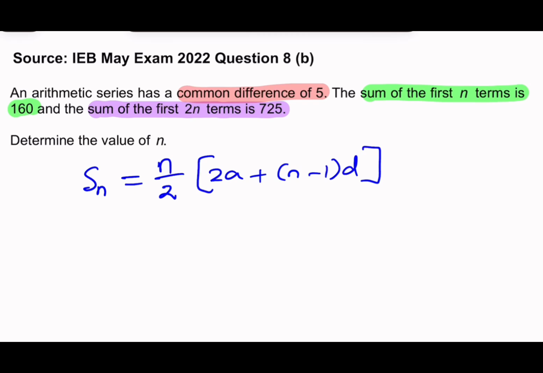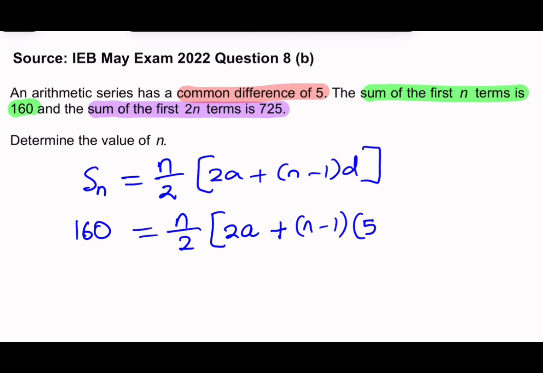So you just put 160 there. I don't really know what n is yet, and I also don't know what a is because they don't say anything about the first term. I do know that d is 5, so I can put that in.